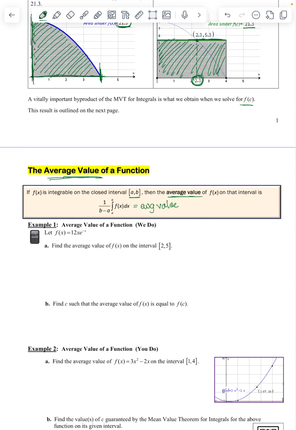All right. The average value, which we're going to call f of c still.